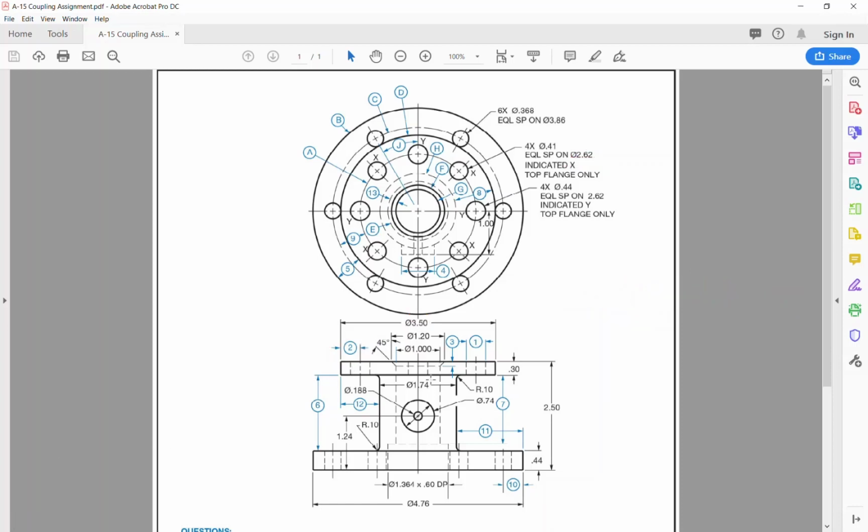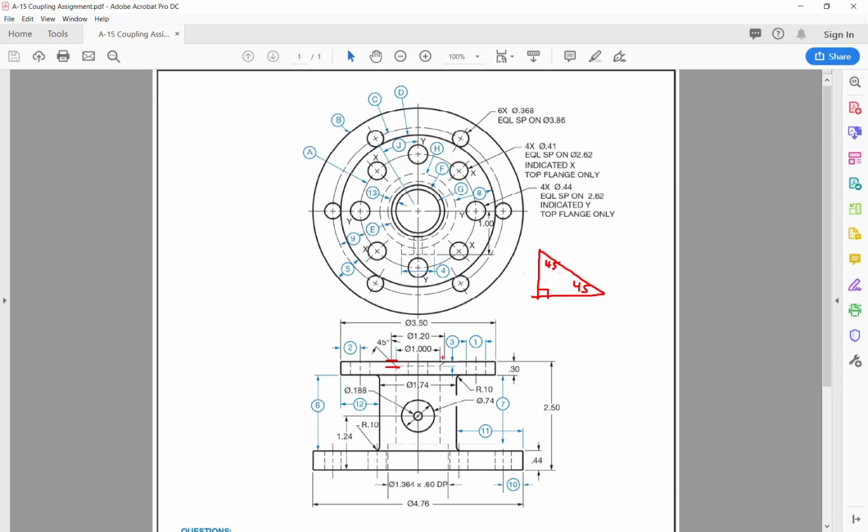So moving along, we'll do number 3 together. Number 3 is the depth of the chamfered part of the hole. So we have a 45-degree angle. This is 45, this is 45, this is 90. So it's a 45, 45, 90 triangle.